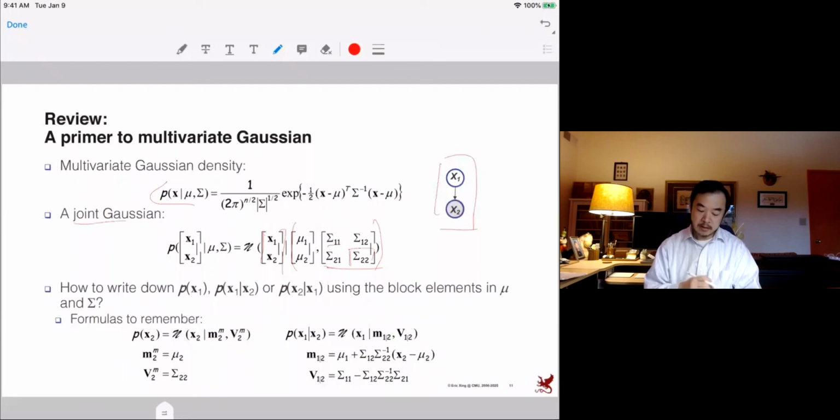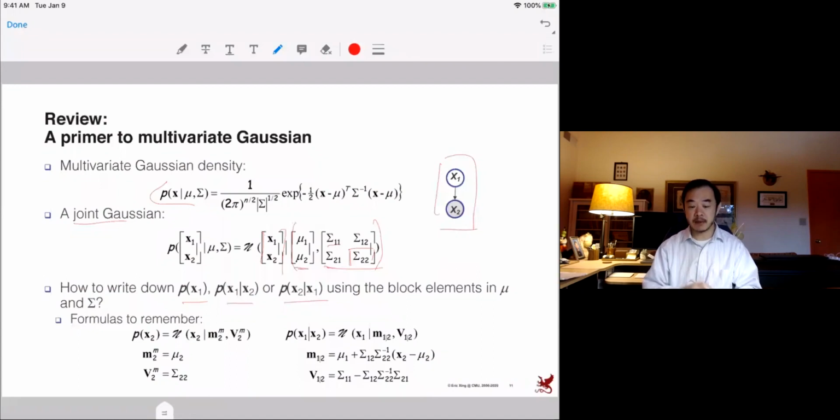It turns out that there is a very nice mechanical way of inferring the marginal of x1, the conditional of x1 given x2, and the marginal or conditional of x2 given x1, and so forth, by using just these blocks of sigma and vectors of mu.